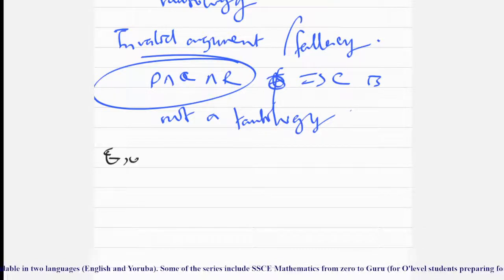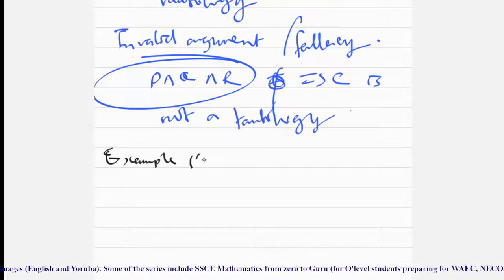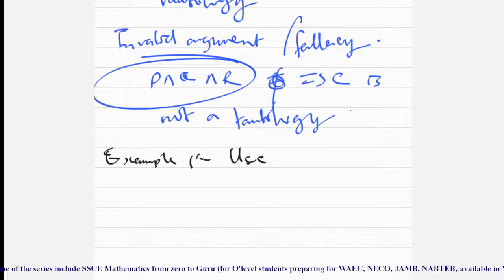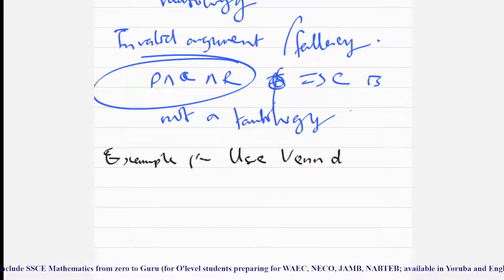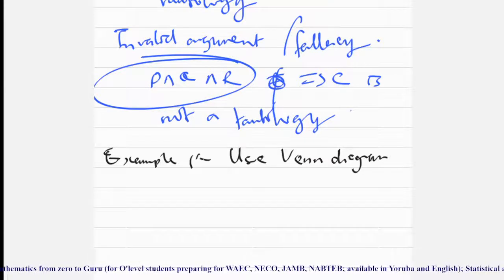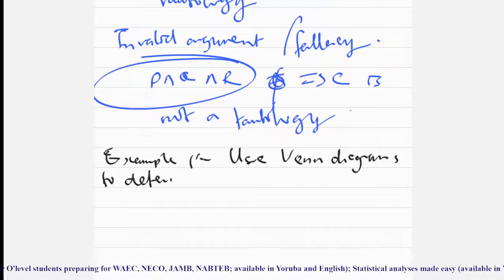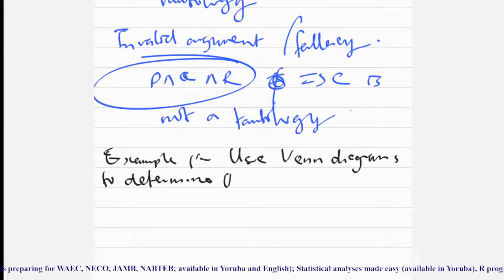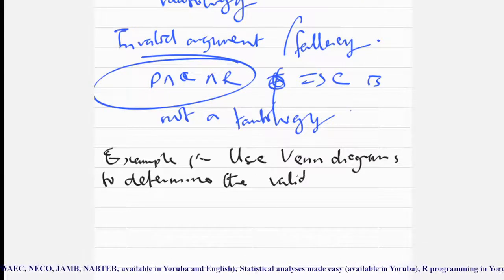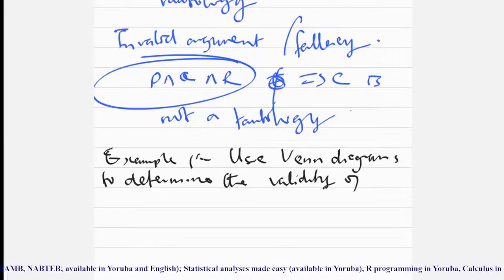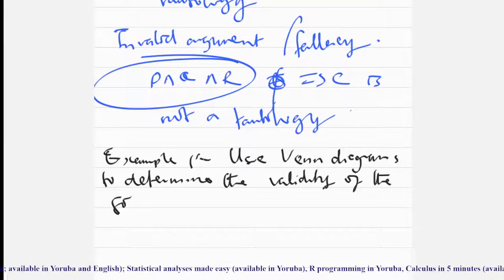Example. Use Venn diagrams to determine the validity of the following. When do we say an argument is valid?